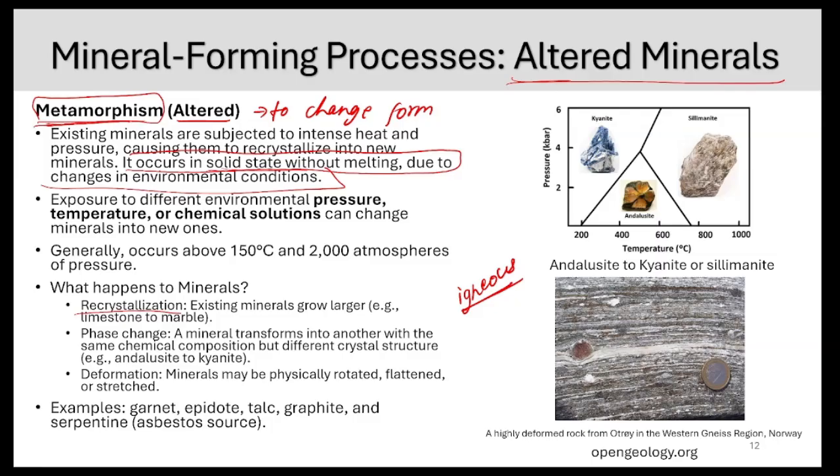For example, limestone becomes marble. So recrystallization is at high enough temperature and pressure, the mineral will change and the crystal structure will grow larger. And the example is limestone changing to marble.